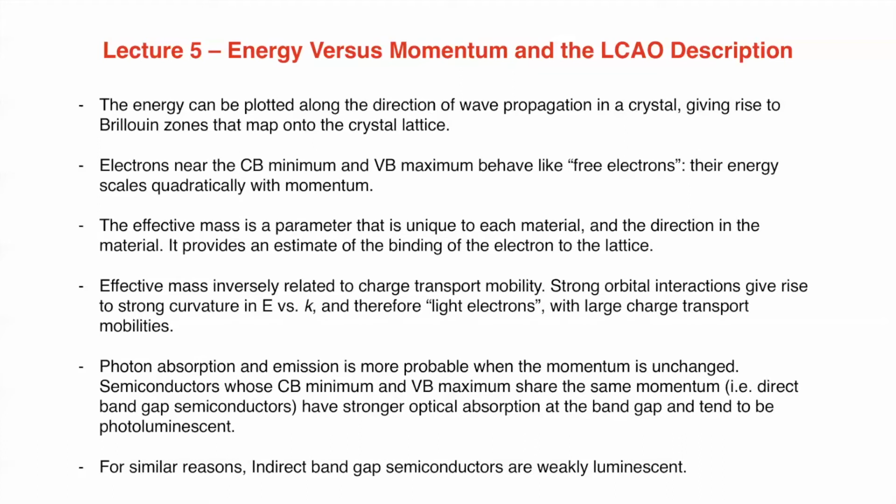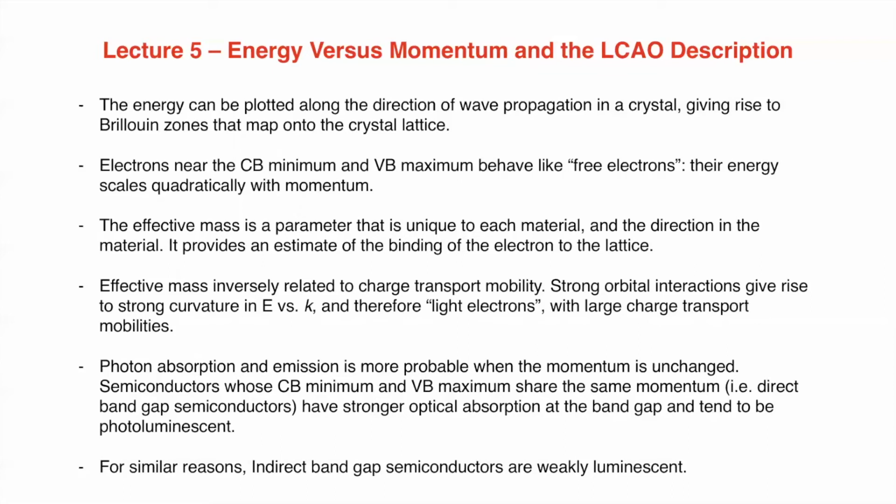And so people have developed language to talk about this, including this effective mass parameter, which tells you how well the electrons obey this free electron type of picture. It's really kind of a fudge factor for the free electron picture, and it tells you how much the electrons actually interact with the lattice, to what extent they are not free.